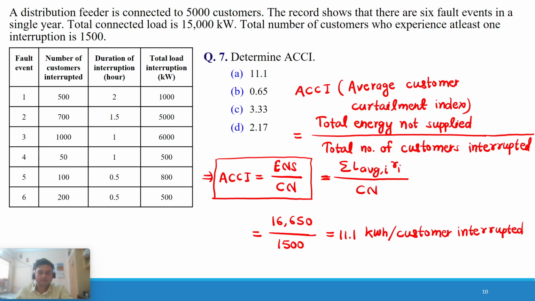So in AENS we get a lesser value, but in ACCI we calculate with respect to the customers interrupted, so it comes to a larger value. In AENS we calculated with respect to customers served, whether interrupted or not, that doesn't matter. We are taking the average over all customers, so we get a lesser value.